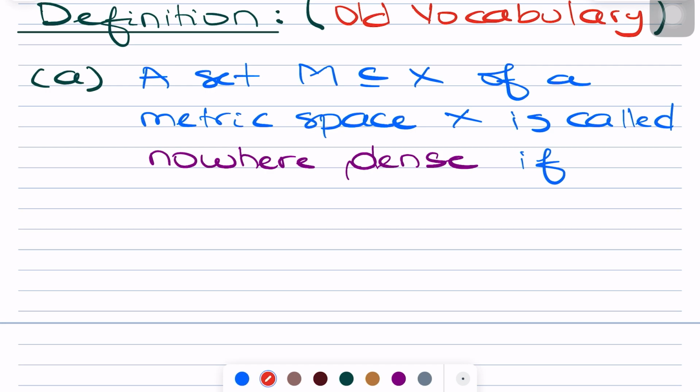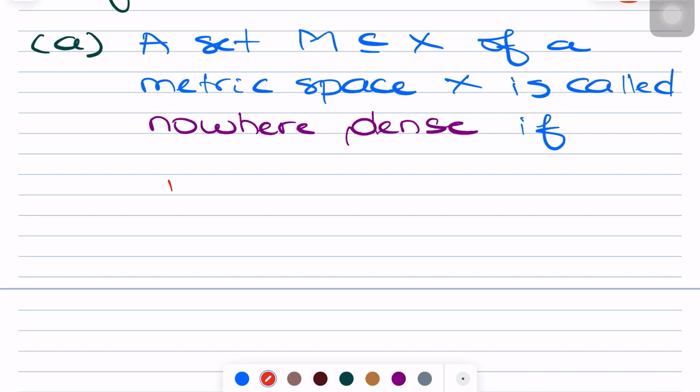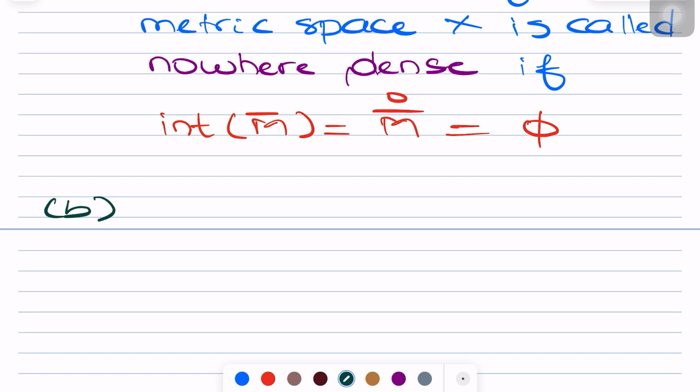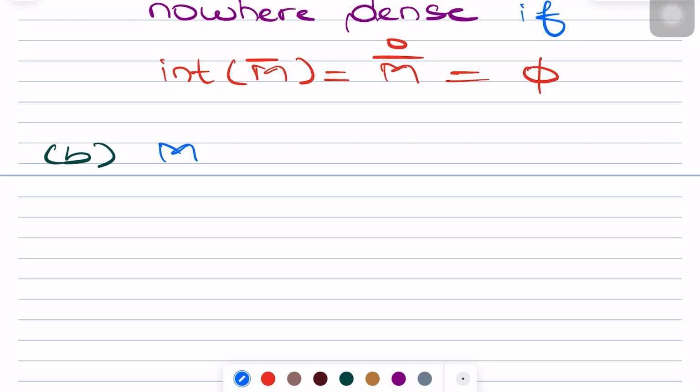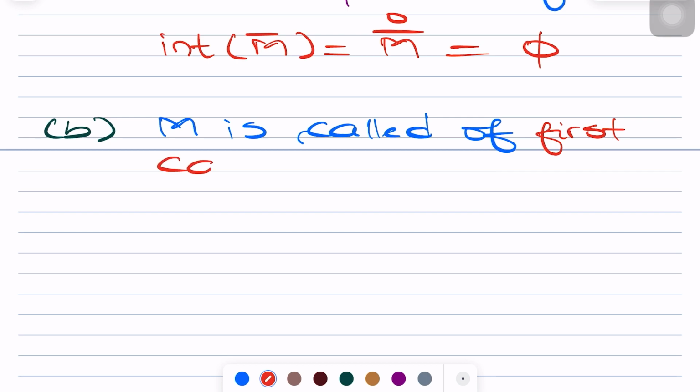Let me use this color. Well, the interior of the closure of M, this is the interior of the closure. It's empty. And then the second definition: M is called of first category if M is a countable union of nowhere dense sets.